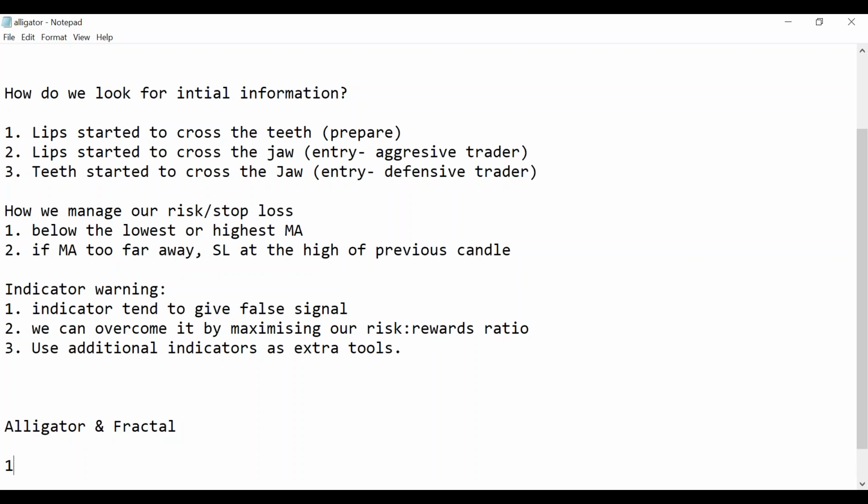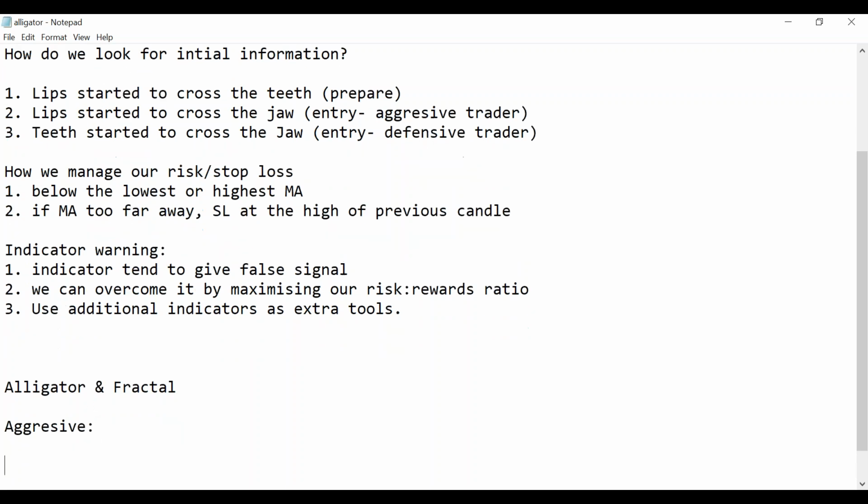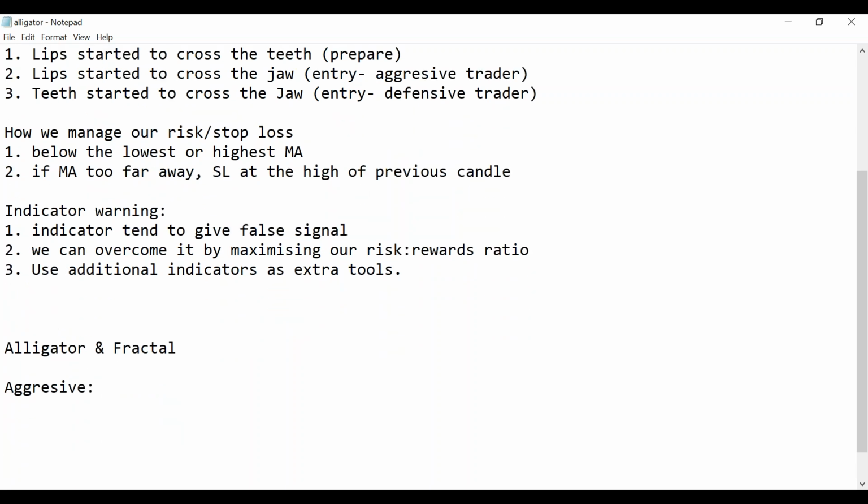First, this is more aggressive. Why do I share the aggressive one with you? Because most of you are aggressive, I know, including me. I'm mainly an aggressive trader for intraday. For swing, a bit conservative. For intraday, a bit aggressive. So for aggressive, the first thing is lips cross the jaw.